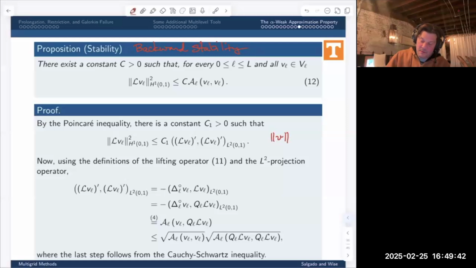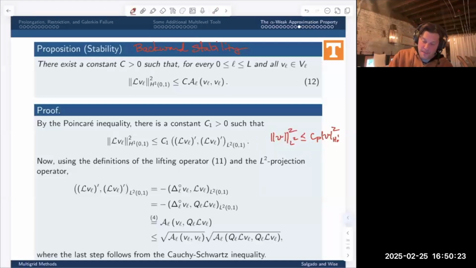Generally speaking, there's a constant such that the H01 seminorm of V is greater than the L2 norm of V. And sometimes people put the Poincare constant over here, and other people like to put it over here, and some people like to introduce the Poincare constant with squares.